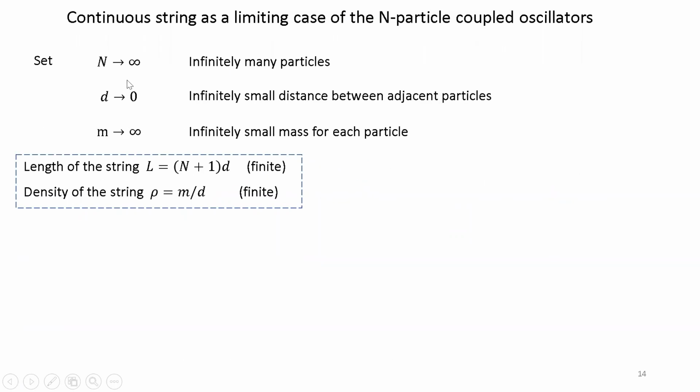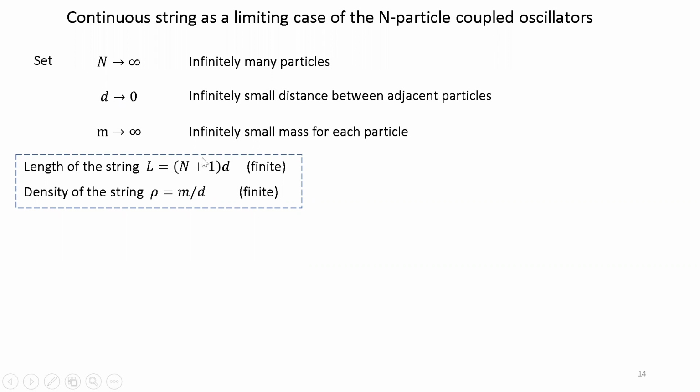Therefore, n tends to infinity, and at the same time, we require that b tends to 0. Moreover, I'm just having a system with finite masses. So I'm adding more and more particles, but at the same time, I'm keeping the total mass of the system the same.